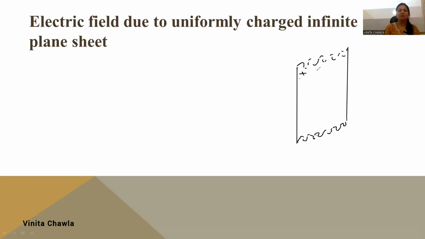It is uniformly charged, which means charges are evenly distributed. For this kind of sheet, we can consider a cylindrical Gaussian surface. Let's draw a cylinder which passes through the sheet.